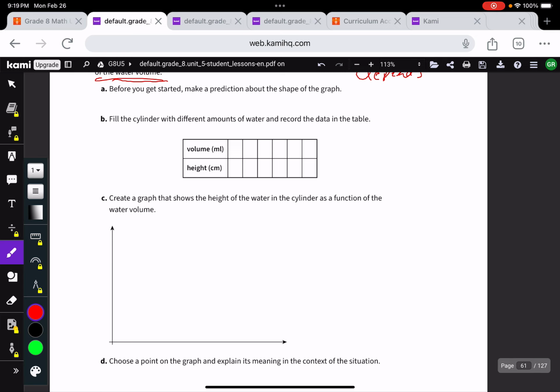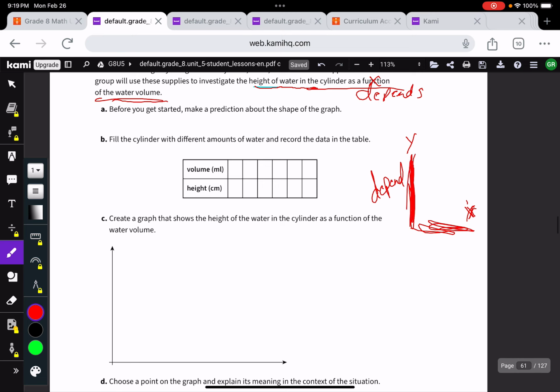It says create a graph that shows the height of water as a function. If you remember, the y-axis is always the dependent. Y always depends on x. Or whatever they say, if something is a function of something, this y is a function of the x.